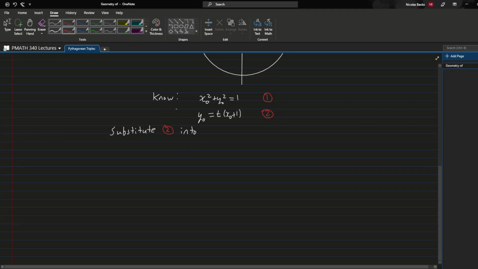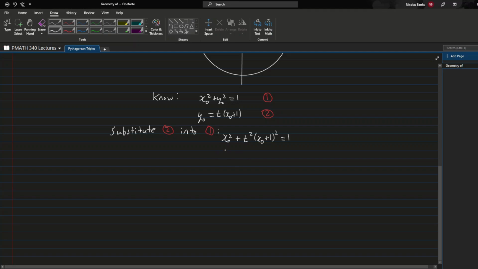So we've got a nice expression for y0. We can replace y0 in equation 1 with that. So we get x0 squared plus t squared times (x0 plus 1) squared equals 1.